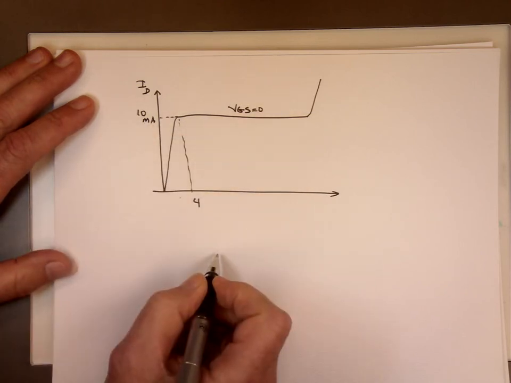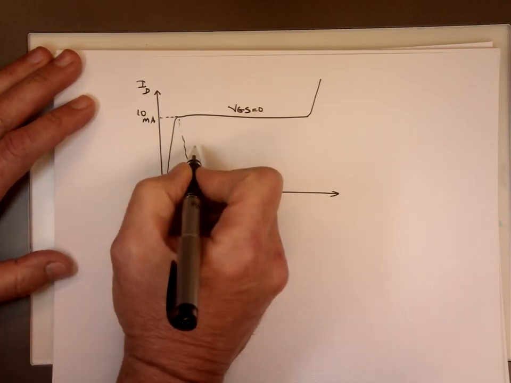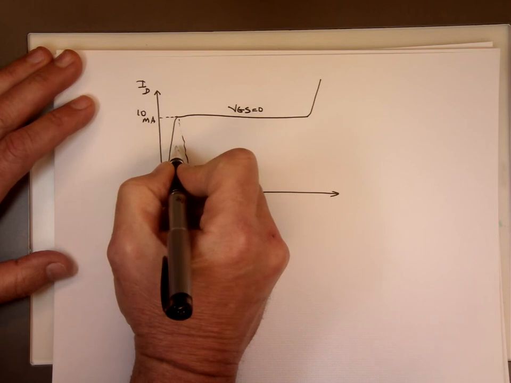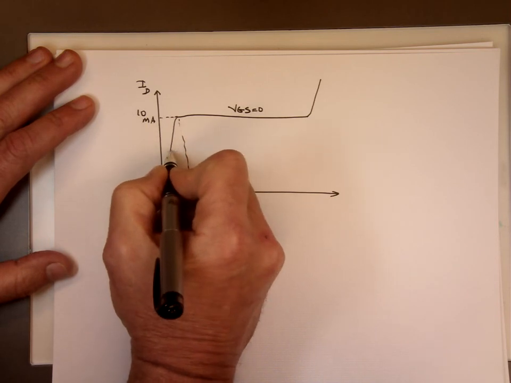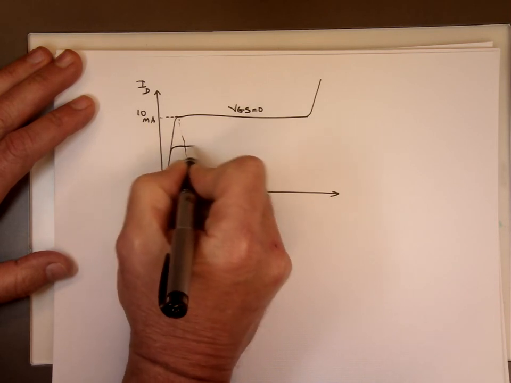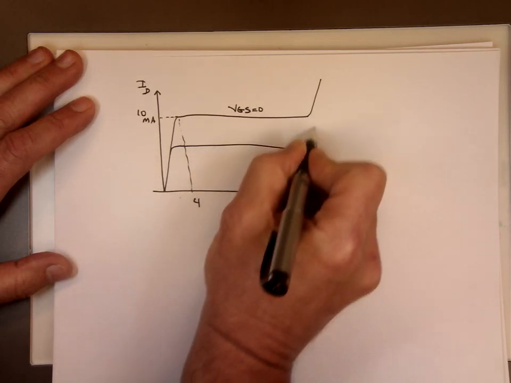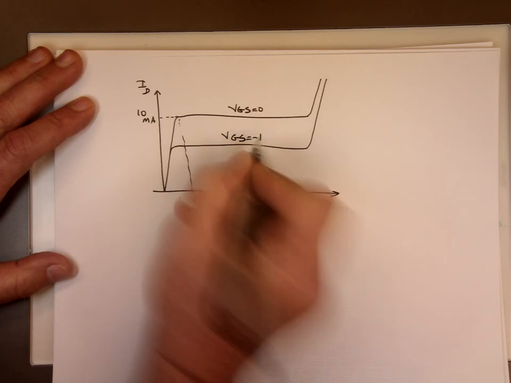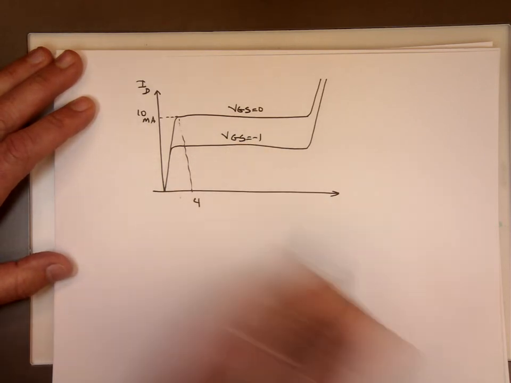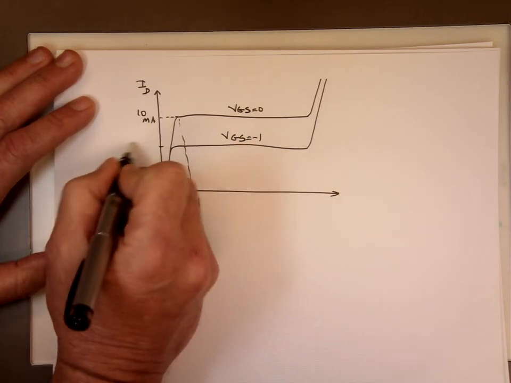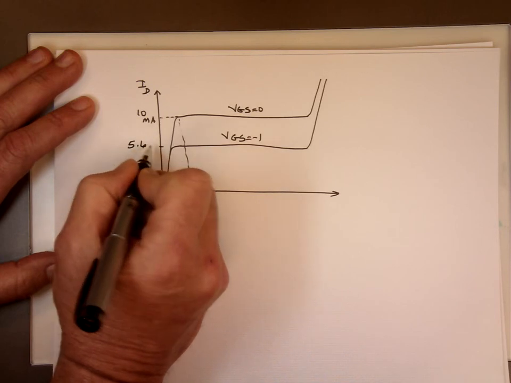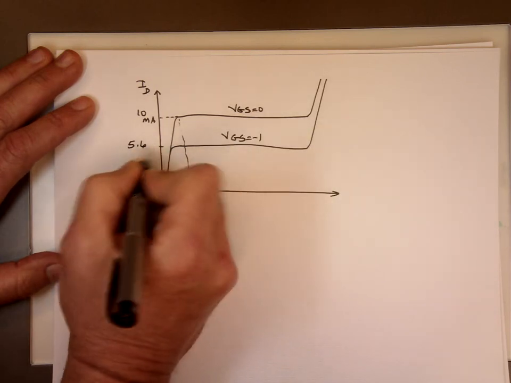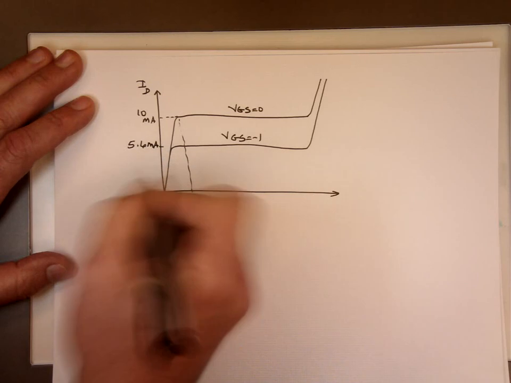Then it might go to 5 at VGS equals -1. This is VGS equals -1. And let's say this might go to 5.5 or 5.6 milliamp. It's not just because this is 1 that it doesn't drop by half. We'll show you the equation for that in a second.